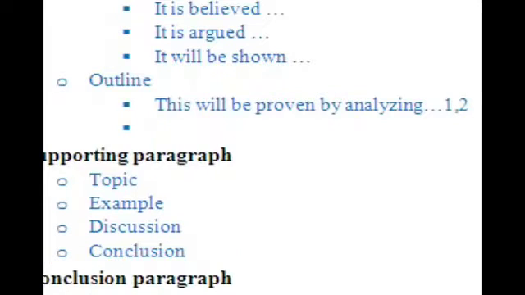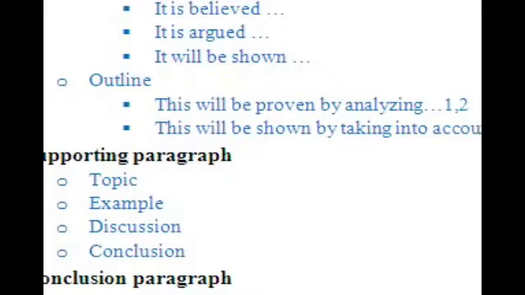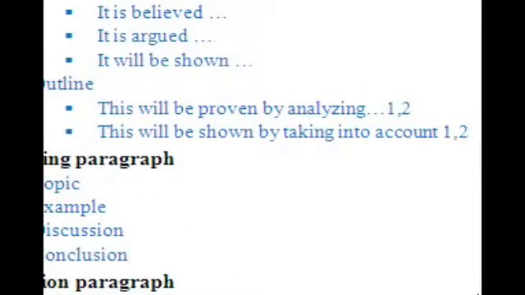So this will be proven by analyzing this and this, or "this will be shown by taking into account." This will be shown by taking into account, and then again 1 and 2. So this will be shown by taking into account this and this.